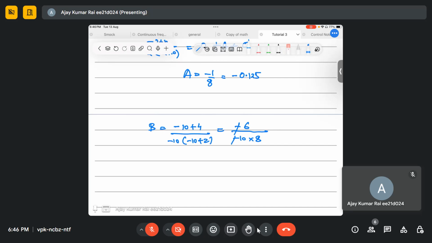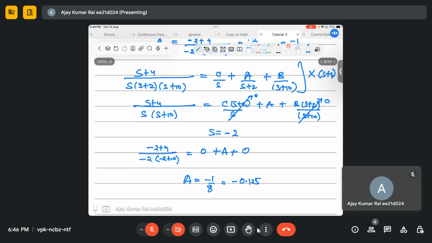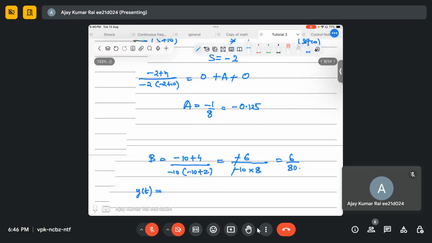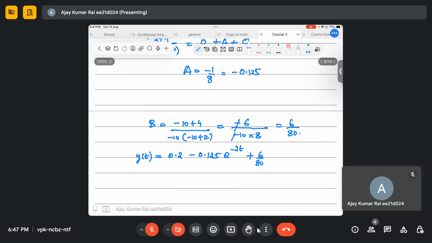I'm just writing and not factorizing it. 6 by 80. So let me write the output response equation. So y of t, so c is 0.2. Okay, so a was equal to minus 1 by 8, e to the power minus 2t, and this last part b is equal to plus 6 by 80, e to the power minus 10t.